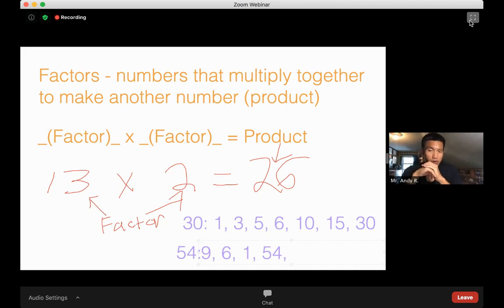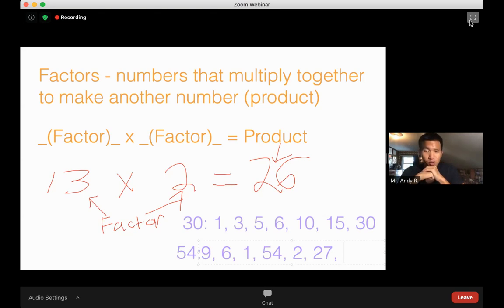And then 54, let's see, 27. Yeah. 54 is an even number, so you know that it's going to be divisible by 2. So we know that one of the factors will be 2. And then 2 times what equals 54? Yeah, 2 times 27 equals 54.